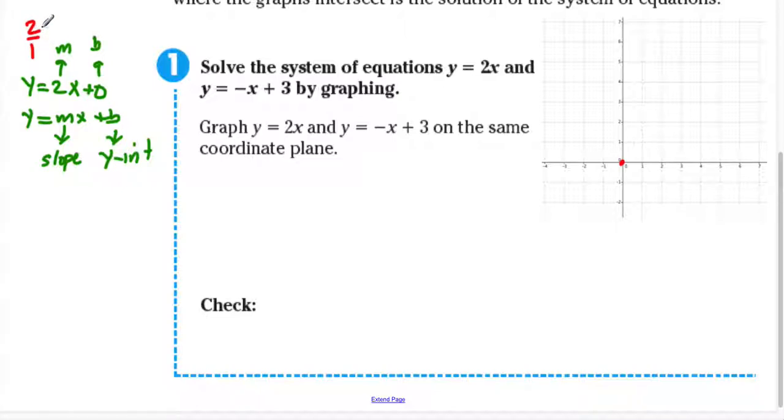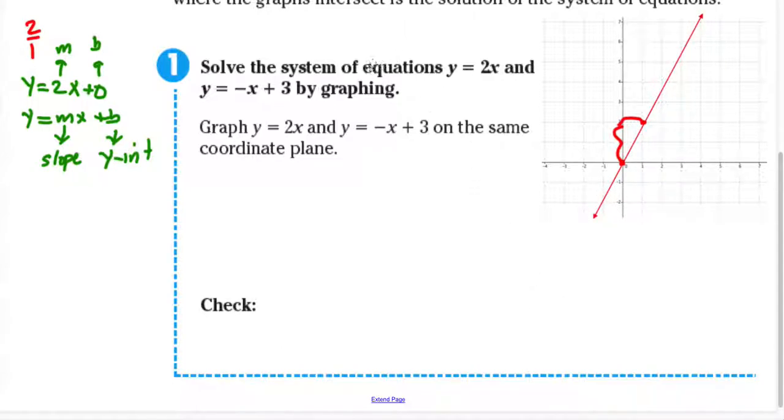Rise over run means our rise is 2 and our run is 1, and since they're both positive, we rise 2 units up and 1 unit to the right. Graph that other point, and that's the graph of y equals 2x.